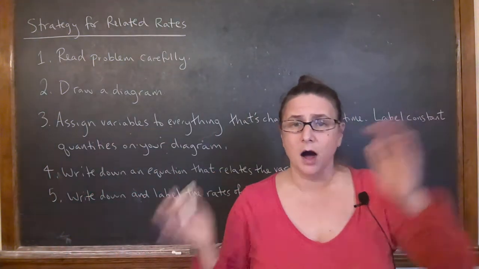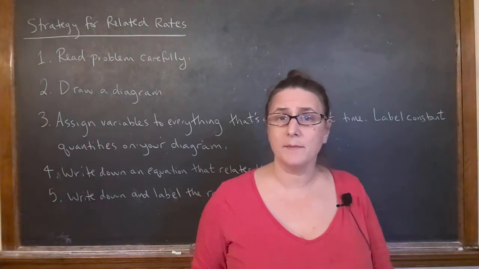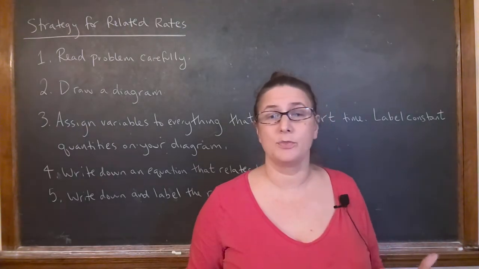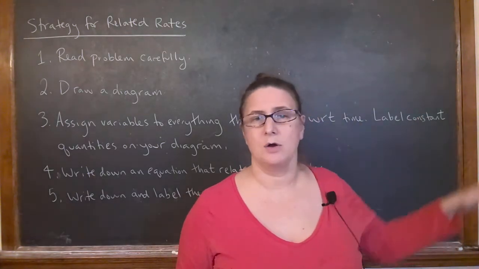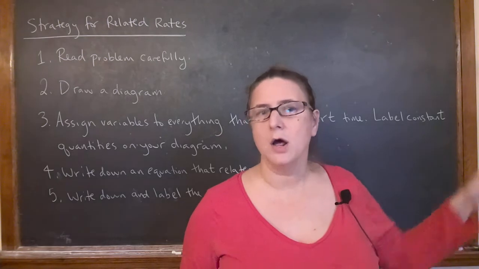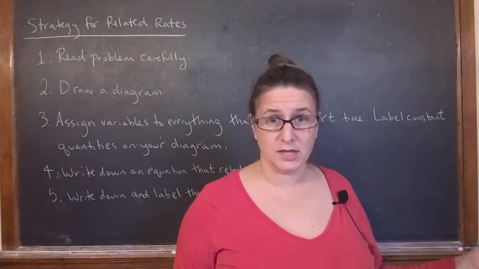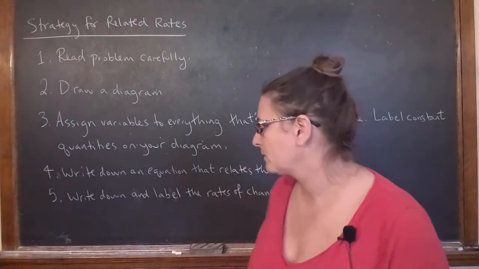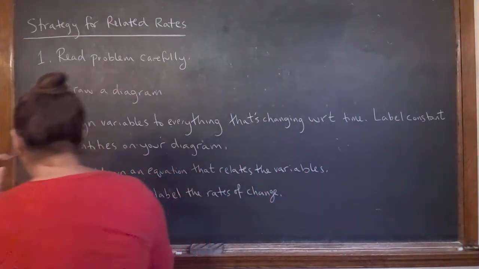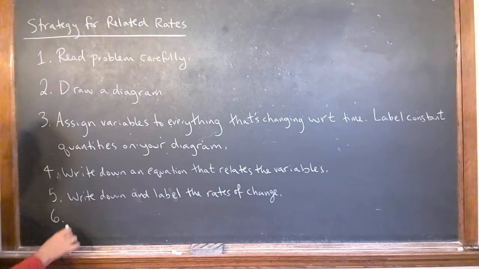On your diagram, you'll just have your variables, but the problem will often be asking about the rates of change of those variables. So it's useful to write down, in a little note on the side, what rate of change corresponds to which thing, so that you know what you're eventually going to plug in. Once you have all that set straight, you can then take the derivative with respect to time.